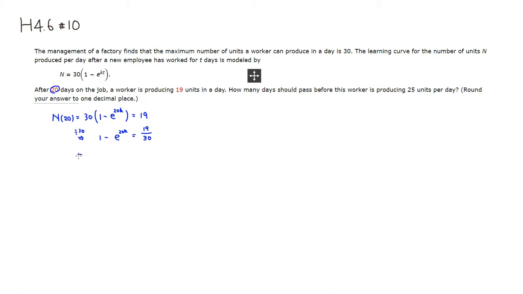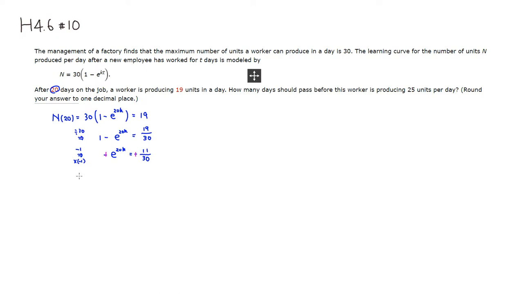Then I can subtract 1 from both sides. So you have negative e to the 20k is equal to 19 over 30 minus 1, which is negative 11 over 30. I'm going to multiply by negative 1 so it's positive on both sides.